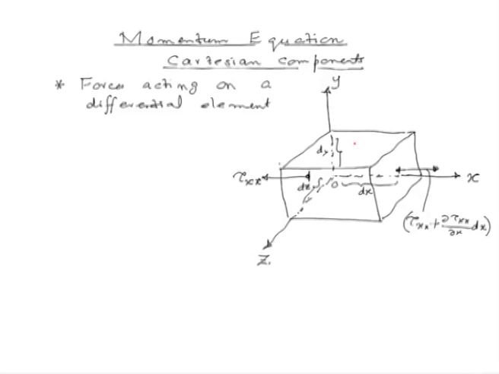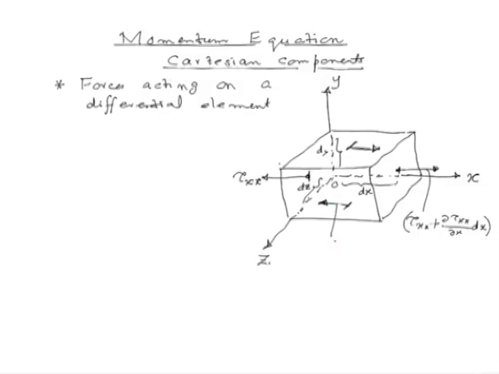Now, what are the shear components which would work along x direction? Let us focus on the positive y plane. We would have one shear component along positive x direction. Similarly, on the negative y face, it would be aligned in negative x direction.